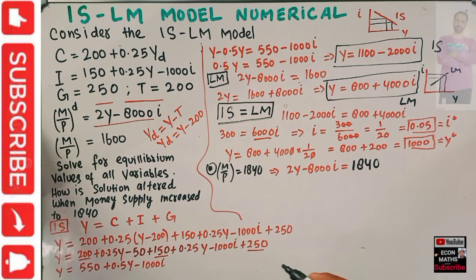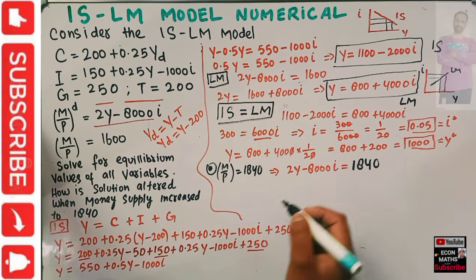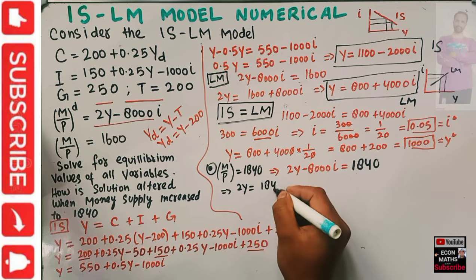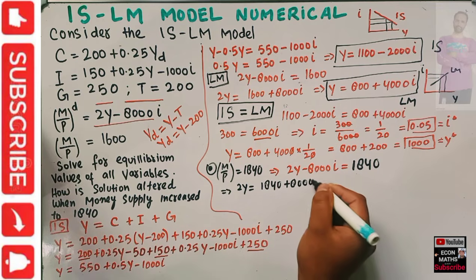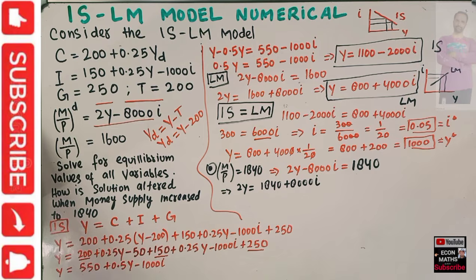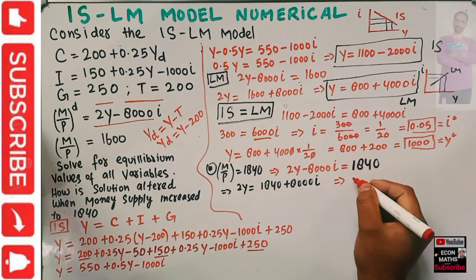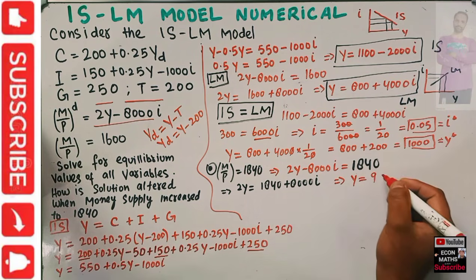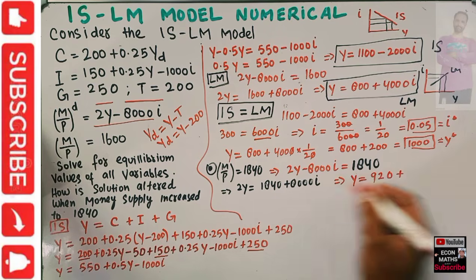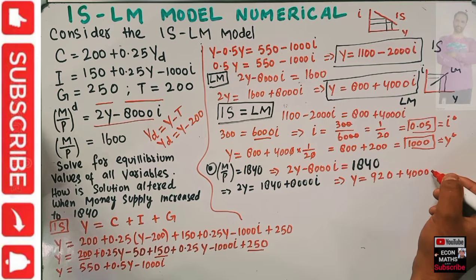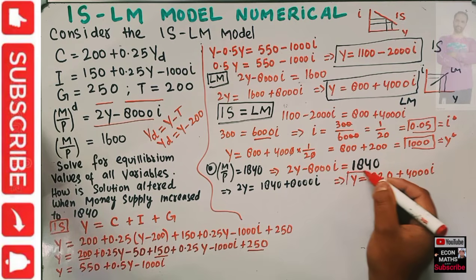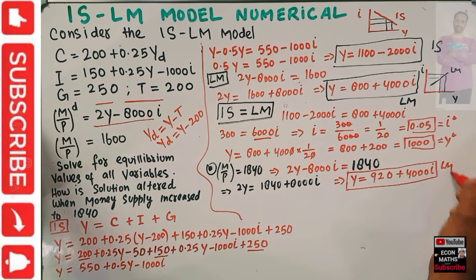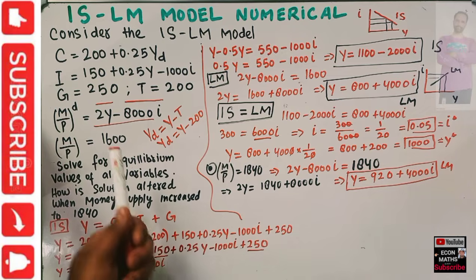So 2Y is equal to 1840 plus 8000 I, which gives us Y is equal to 920 plus 4000 I. This is our new LM equation when the money supply has changed from 1600 to 1840.